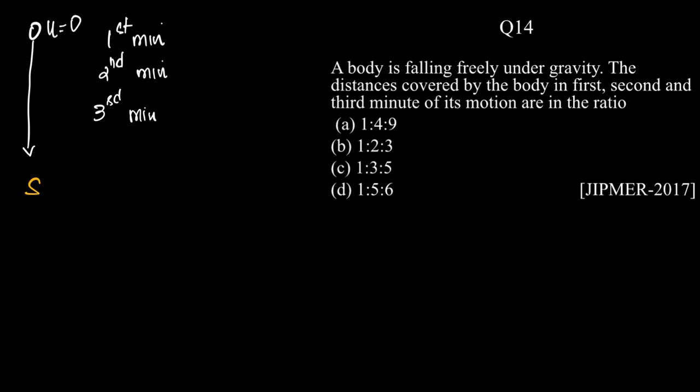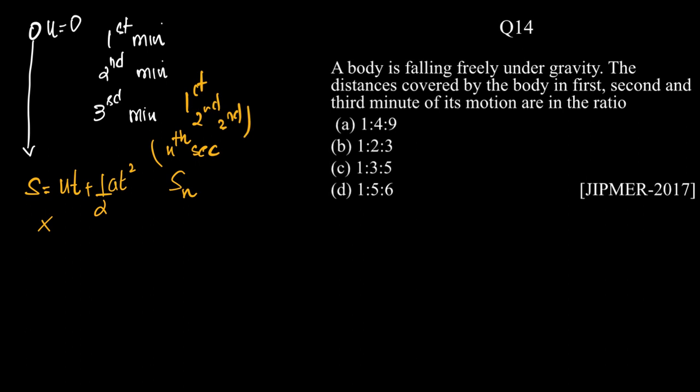So which formula do we take? Do we take S is equal to ut plus half at square? No, what we take is Sn, which is the displacement in the nth second or nth minute or nth interval of time, which is first, second, and third, right? So the formula we use is Sn.